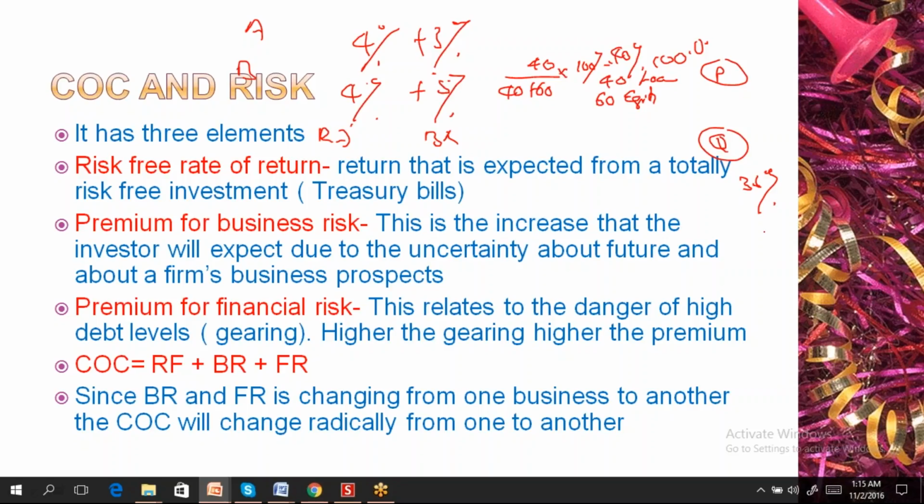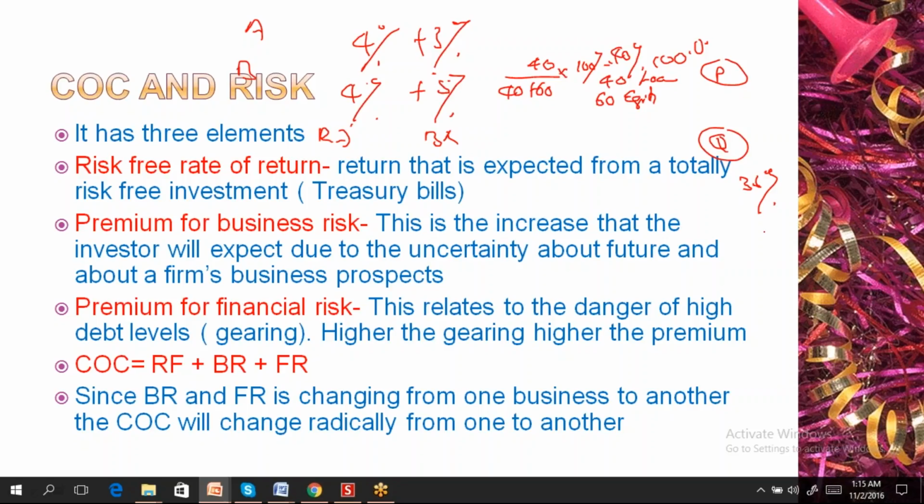I think so. From the shareholders' point of view, P is more risky or less risky? Less risky. P is less risky. Now that is one way of looking at it.